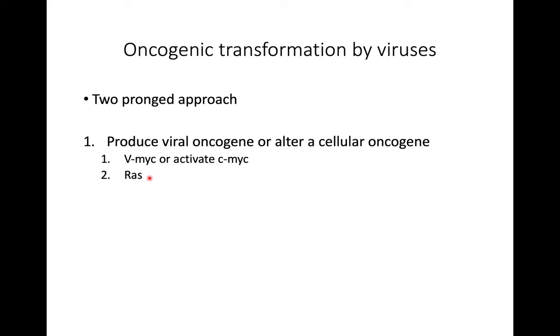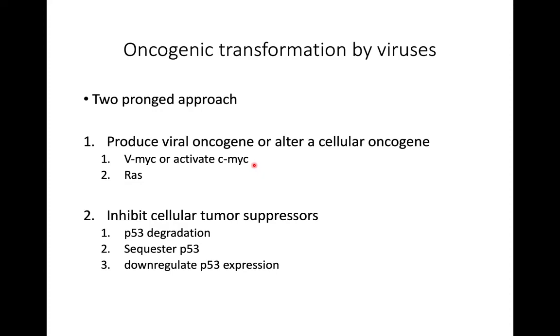Sure, you can drive the cell cycle, which for many viruses is necessary for effective viral production. But eventually, those tumor suppressor proteins will lead to apoptosis of our infected cell. So the second part of this two-pronged approach is that oncogenic viruses need to shut down tumor suppressors, inhibit tumor suppressors from doing their job.